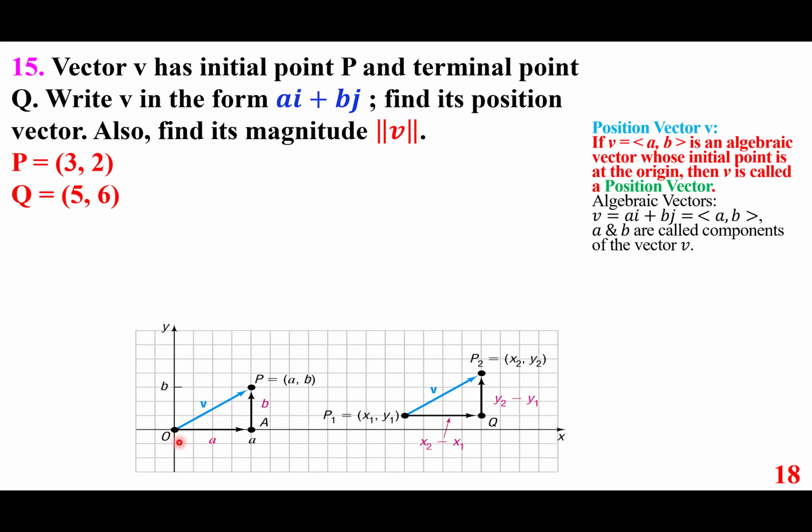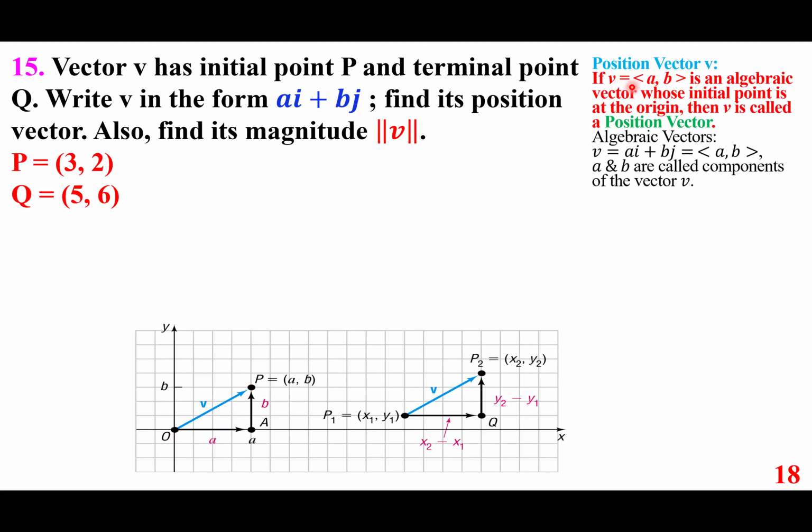So if V, which has components a, b, is an algebraic vector whose initial point is at the origin, then V is called a position vector. Algebraic vectors, V equals ai plus bj or (a, b), where a and b are called components of the vector V.